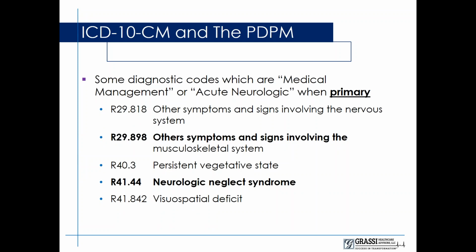Joe, I don't know, do you want to talk a little bit about the difference of the categories where they fall under the acute neurologic or? Yeah, so what they're saying here is that if you're using something like other symptoms and signs involving the musculoskeletal system, because the biggest need of the patient is physical therapy, it's not going to work well for you, because that's going to be categorized under a medical management, one of the nursing categories.